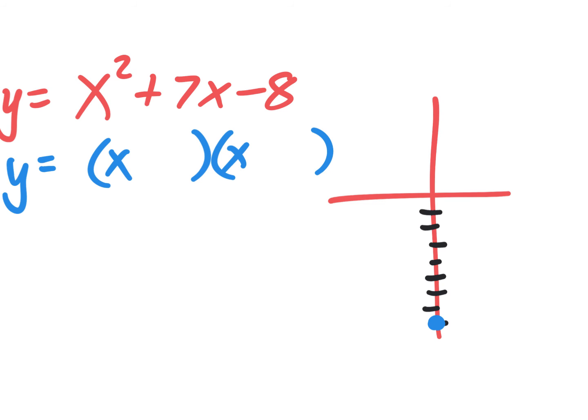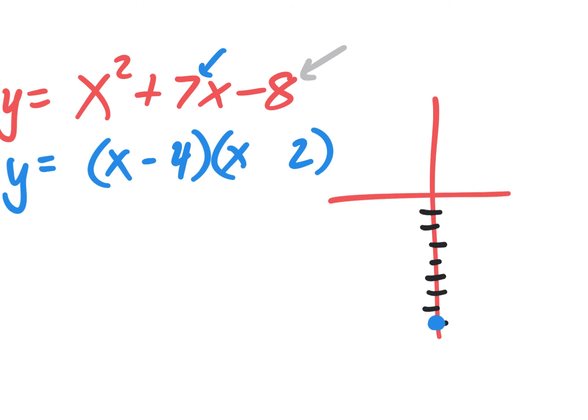Okay, so quick reminder how this works. These two numbers that go here and here, they gotta multiply to negative 8. Now there is two choices. Do you agree that 4 times 2 makes 8? But that wouldn't work. Why? Because if I put in a 4 and a 2 and make one of them negative, I can't make a 7 happen here.